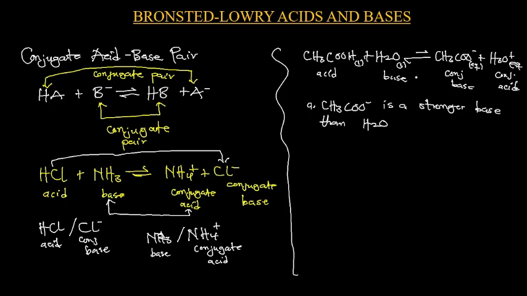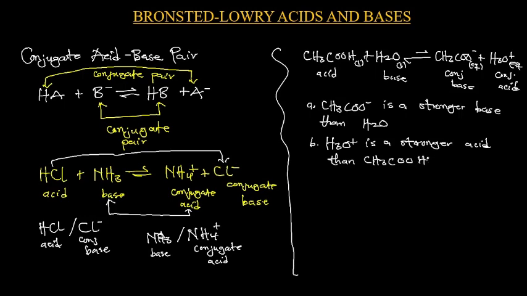Another thing is that H3O plus, or the hydrogen ion, is a stronger acid compared to ethanoic acid. So let's put that here: H3O plus is a stronger acid than CH3COOH.